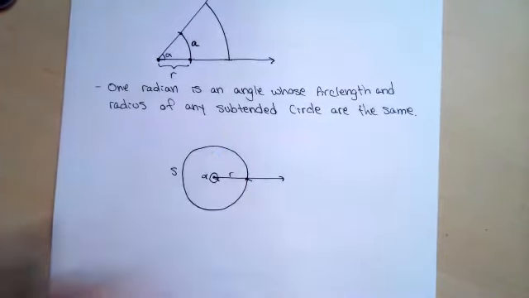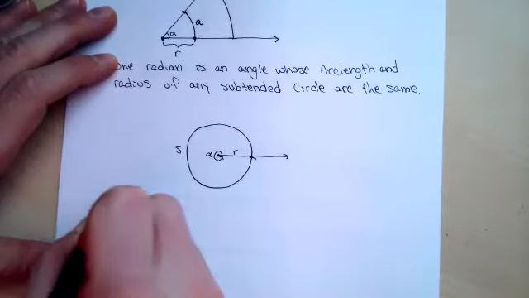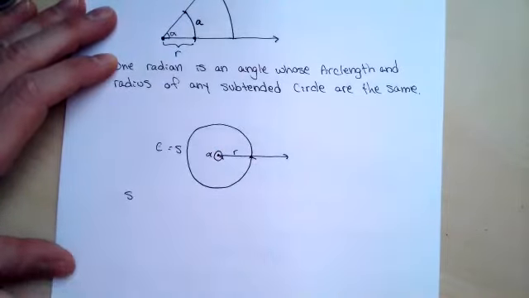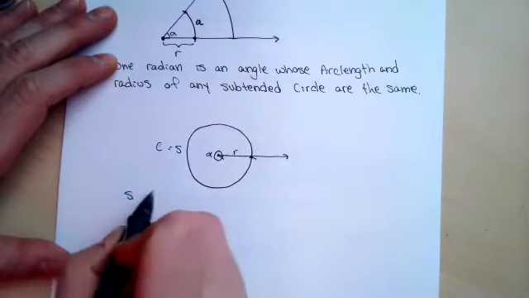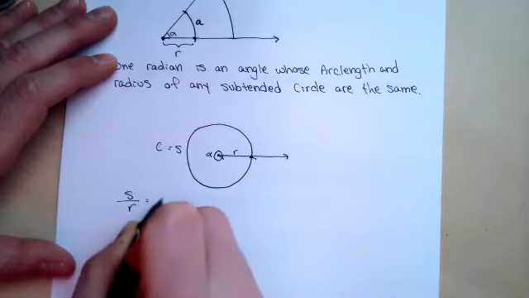I actually call this one S. So we'll use S a lot for arc length as well. Then the ratio of the arc length, or of course, we could actually call this a C for circumference since we are using a full circle here, is going to be 2 pi.